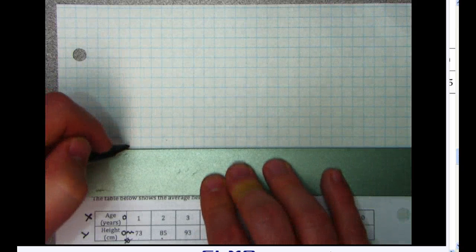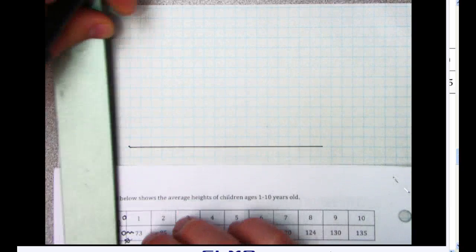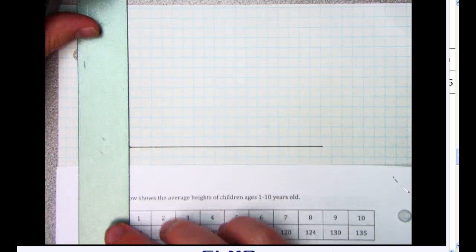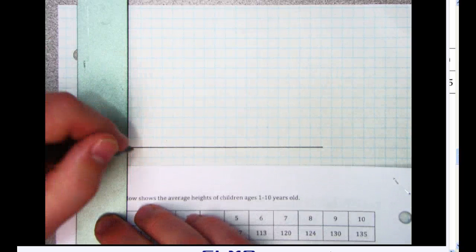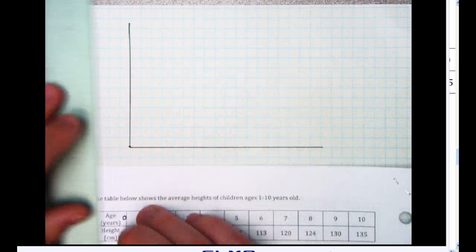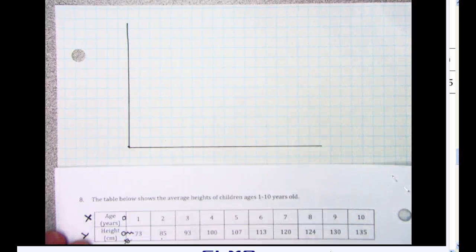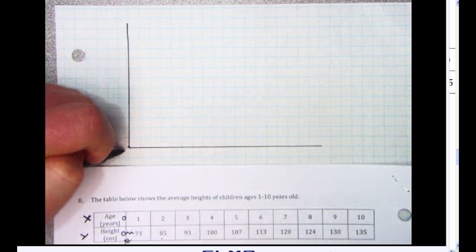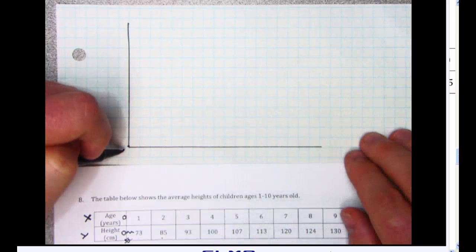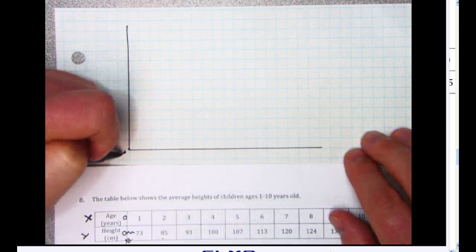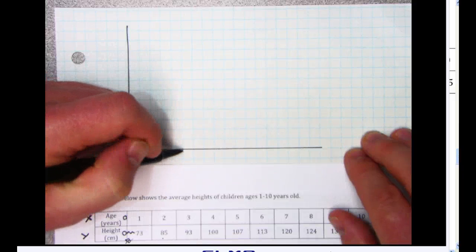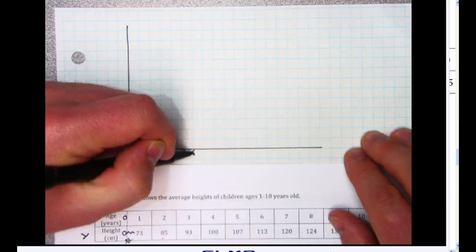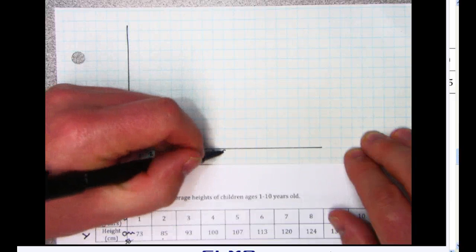So here we go. This is my age right here. This is going to be my height. So we can label this 0, 1, 2, 3, 4, 5, 6, 7, 8, and 9.